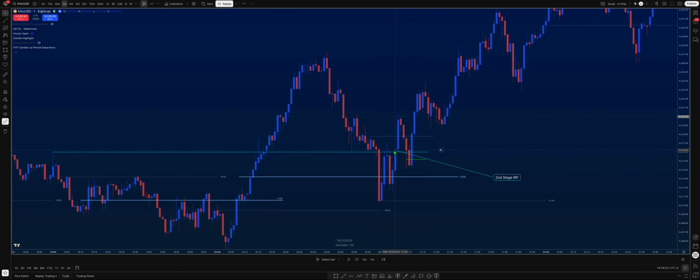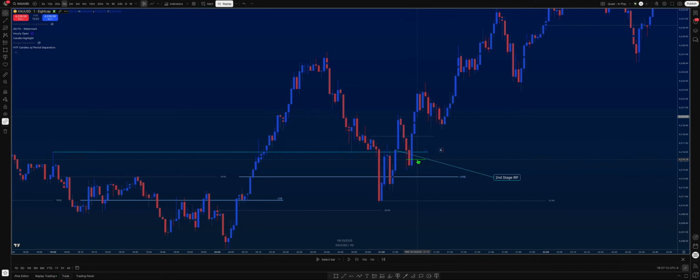I missed this one. I didn't actually see it at the time, but I did see this one right here where we have this impulse high that made the low. We break above it, we begin to reject lower, and then get a closure back above, and it becomes another entry right there.